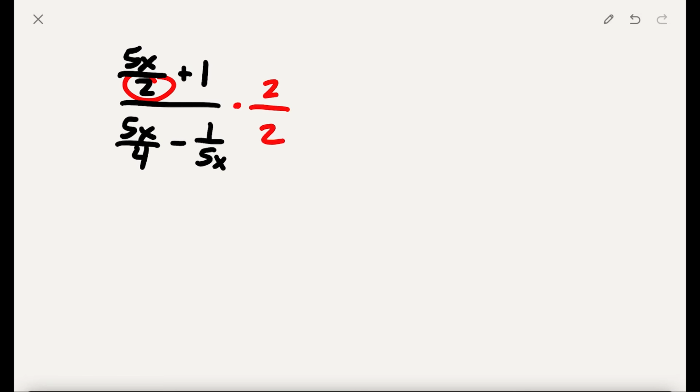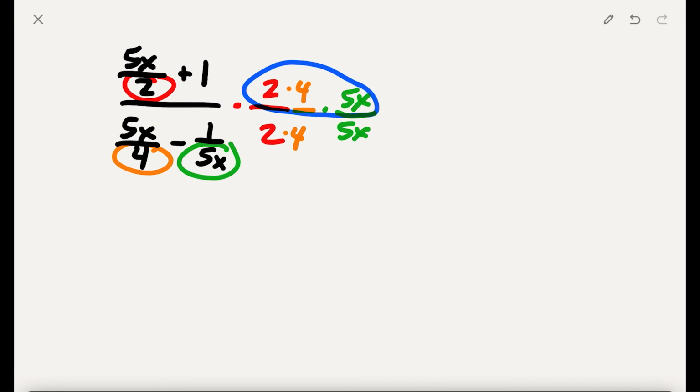Then I'm going to multiply the top and the bottom by 4, since there's a 4 here. Then I'm going to multiply the top and the bottom by 5x. And a cool thing happens when you do this. So this whole thing right here is going to distribute to each of these things here.